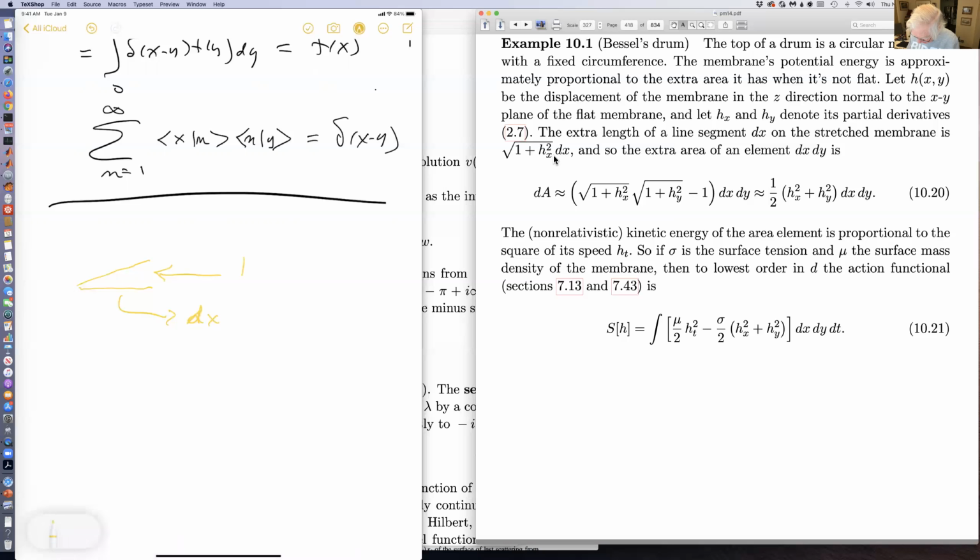This distance here is h sub x dx, or in other words, it's dh/dx dx, which of course is just dh.